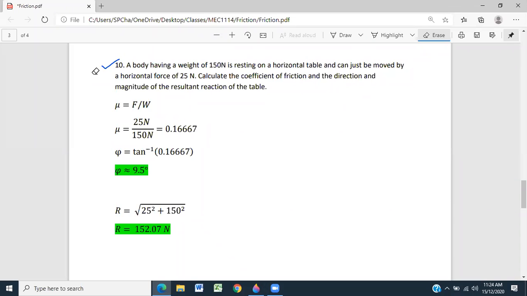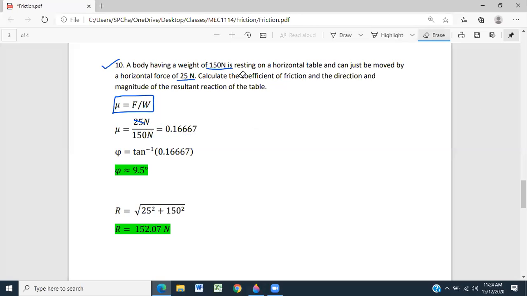So simple basic formula again: mu equals F divided by W. The weight is 150. The horizontal force is 25 newtons. 25 divided by 150 is 1 upon 6, which in decimal is approximately 0.16667. So this here is the coefficient of friction.